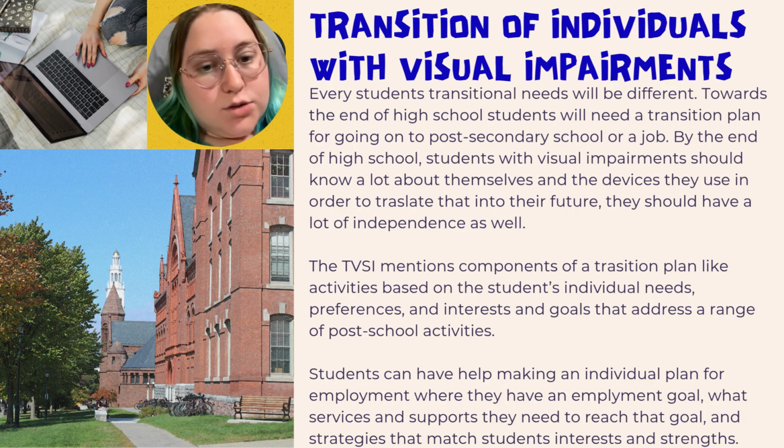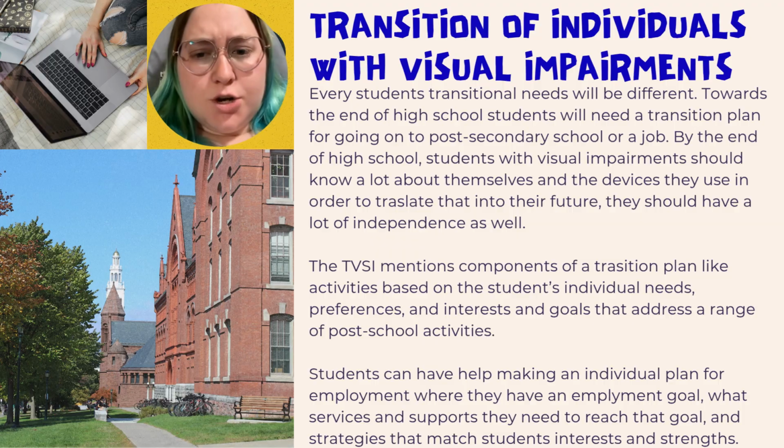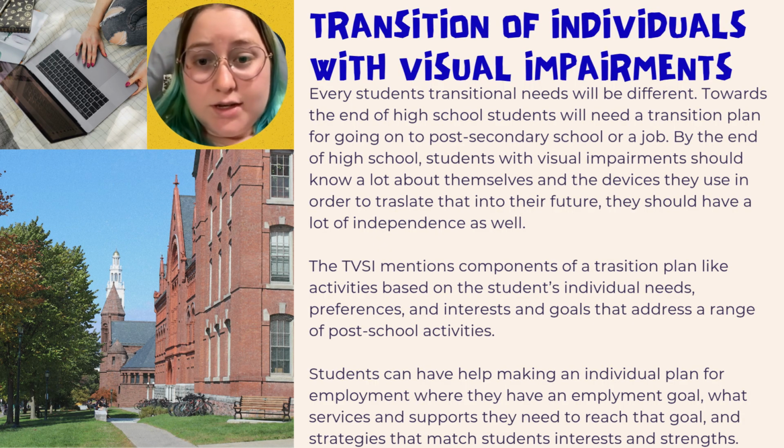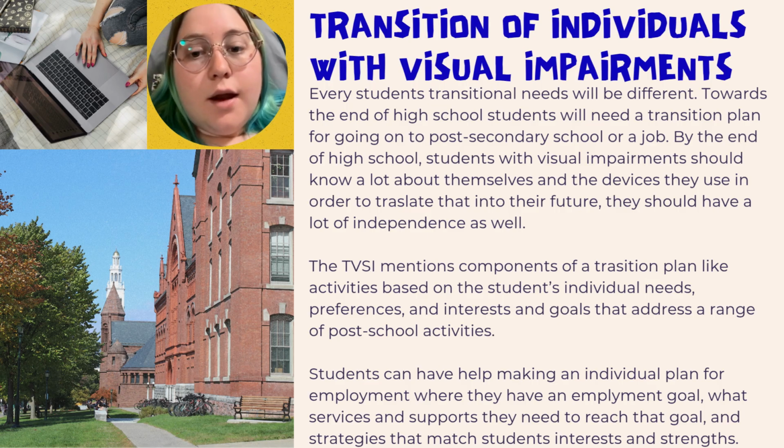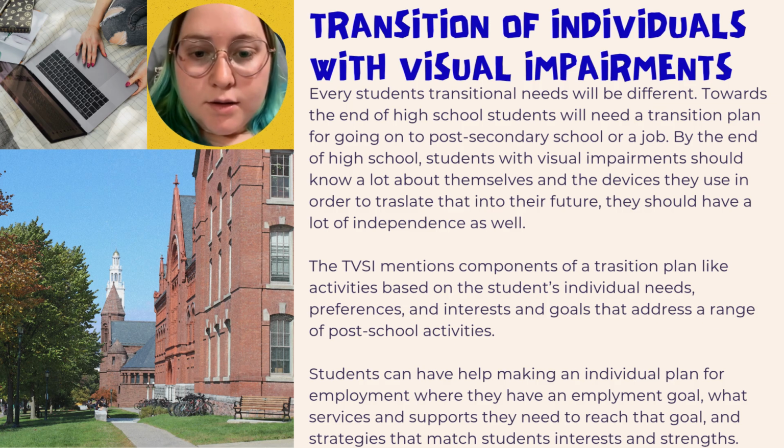So by the end of high school, students with visual impairments should know a lot about themselves and should be independent, and they should know the devices that they use in order to translate what they need into their future, and be independent when they go to post-secondary school or when they're employed.